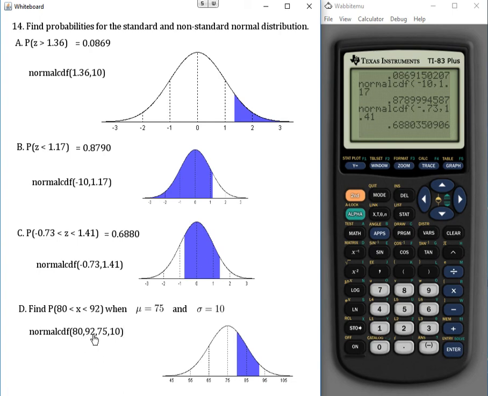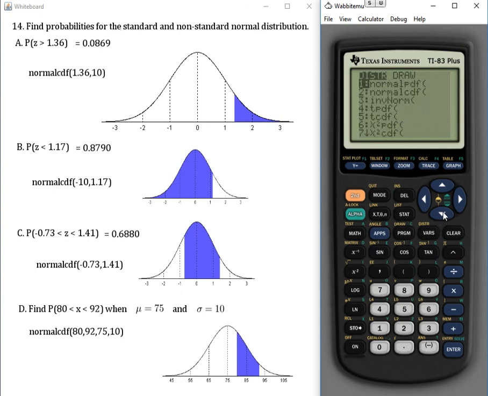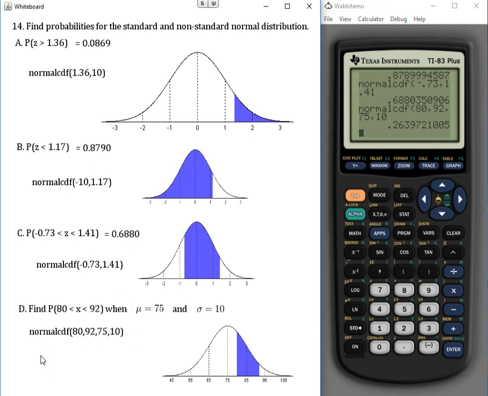So in order to interpret these as x values instead of z-scores, we have to provide these last two inputs. So normal CDF, 80, 92, 75, and 10. Now I come up with my probability, 0.2640 when I round to 4 decimal places.